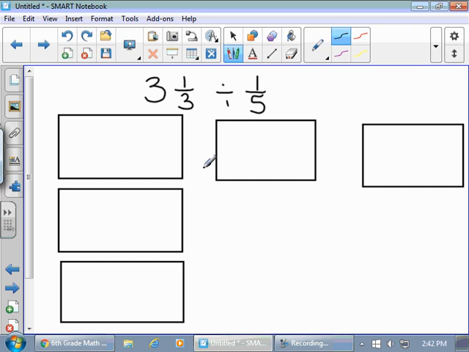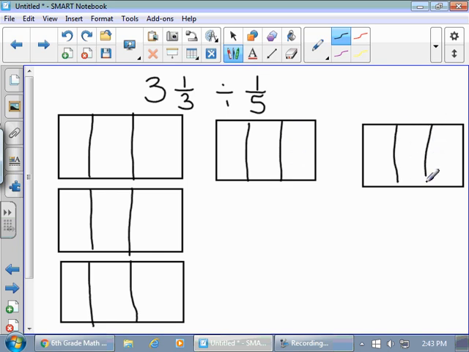So the first time I cut them, I'm going to cut them in how many pieces? 3. So I cut every rectangle into 3 pieces. Now when I go back to color, I'm going to color 3 whole rectangles and 1/3 of another.